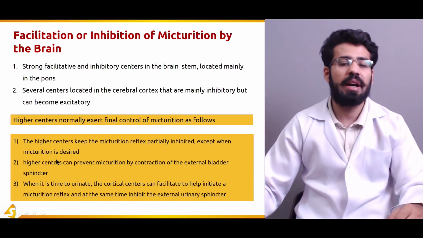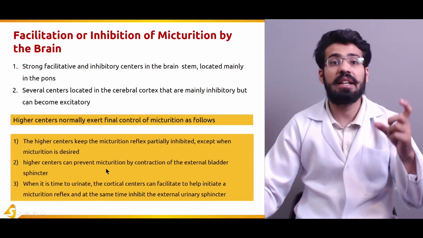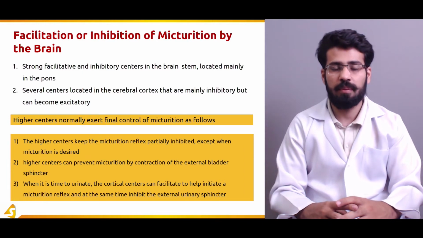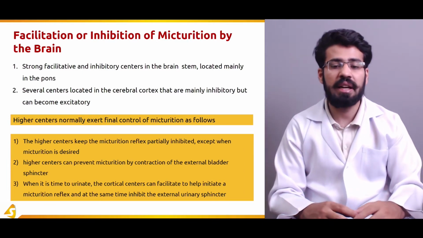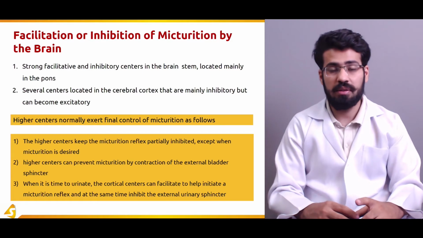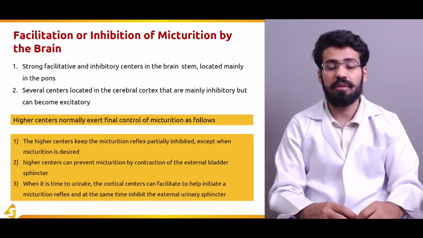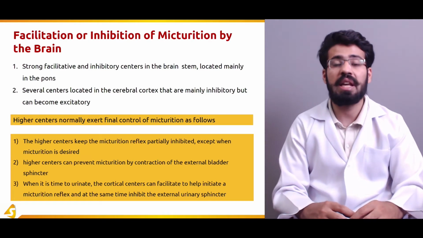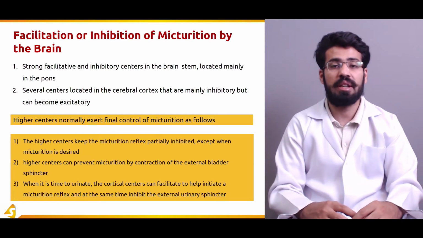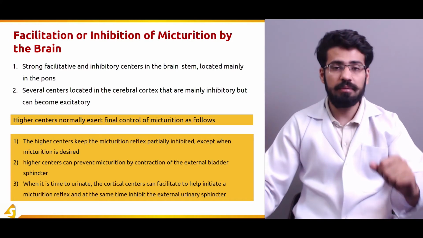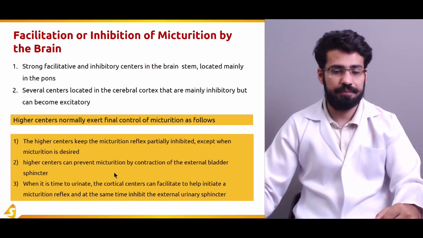This will be followed by the higher centers that can prevent micturition by contraction of the external bladder sphincter. I have discussed in detail that the sphincter muscles are controlled by the parasympathetic system from the sacral portions. These higher centers have the ability to control the sphincter muscles as well for the process of conscious urination or conscious micturition.